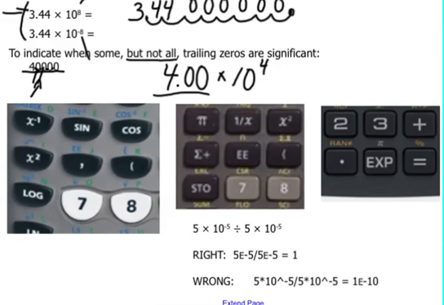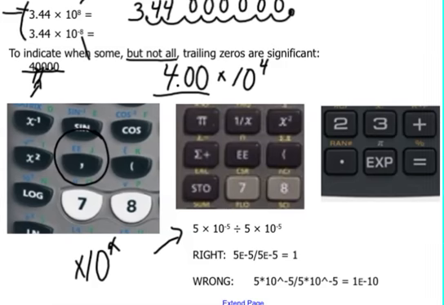So probably the kind of calculator you have is this kind, and therefore you need to look for this double E, which is on top of the comma button. That's the button that you're going to hit. The double E means times 10 to the something, and then you will plug in whatever that exponent number is. Okay, so if you look over here, this is the reason that you need to use that button.